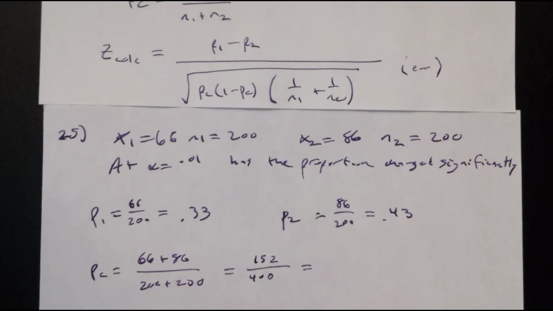What is my pooled variance? Sorry, pooled proportion. 0.38.